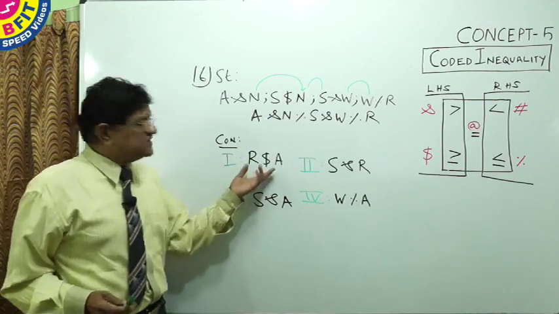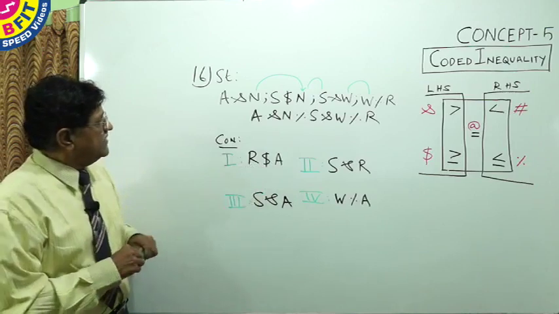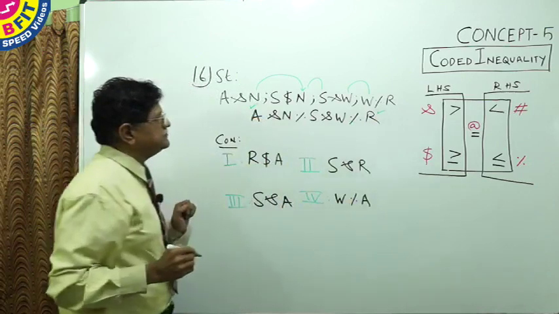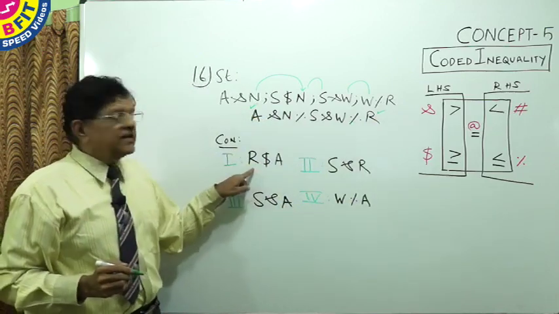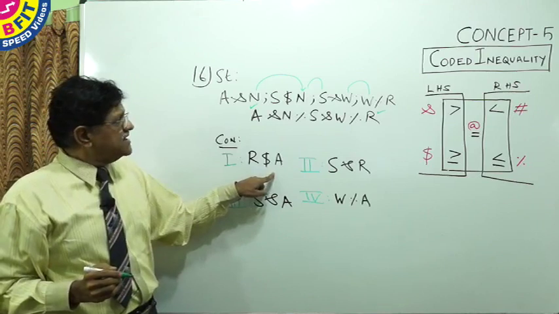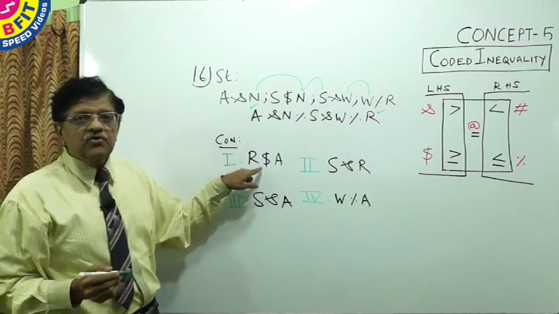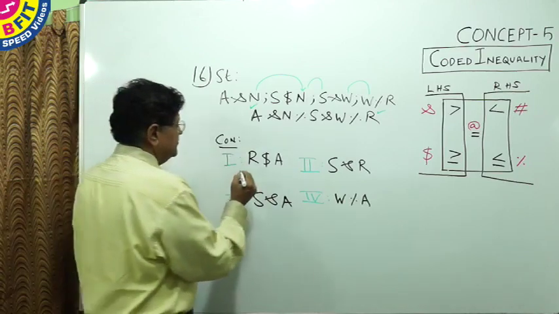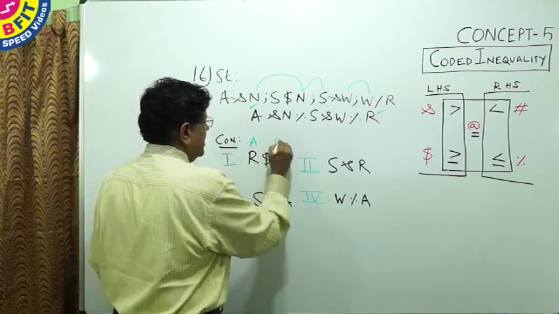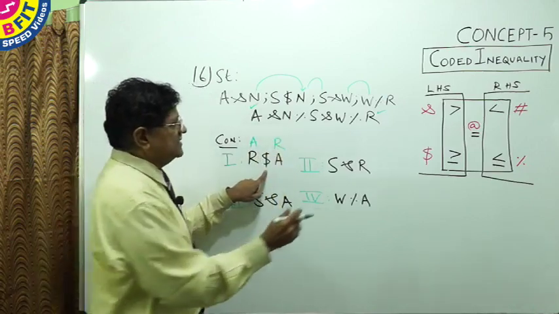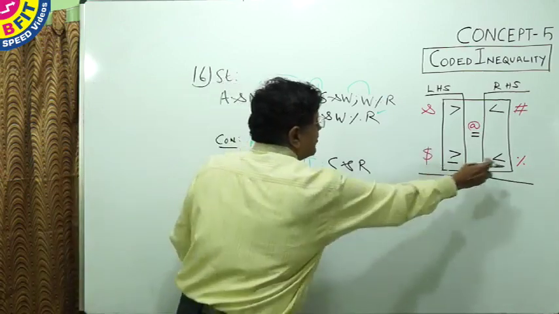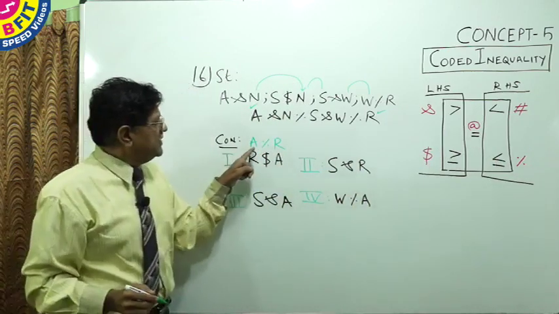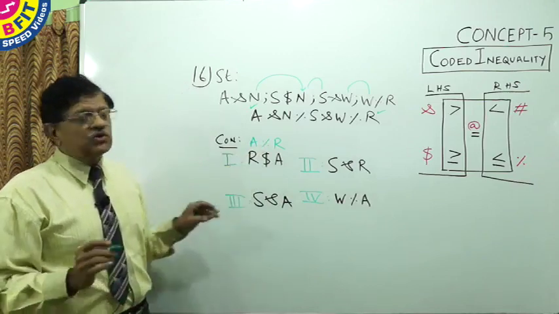Let us take the first conclusion, R and A. Where is R? R is here, A is here. The conclusion is not in sync with the statement. Therefore, we have to convert the conclusion to be in sync with the statement. So we have to write A right here, R right here. Where is dollar? Dollar is here, opposite is percentage. Now we have to verify whether A percentage R is true or not.